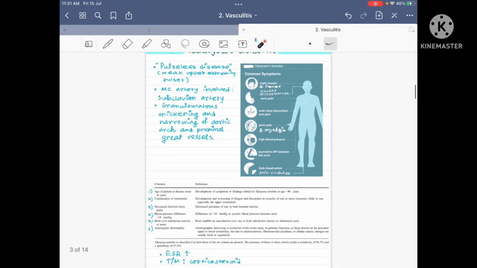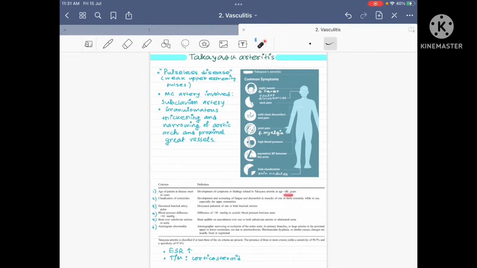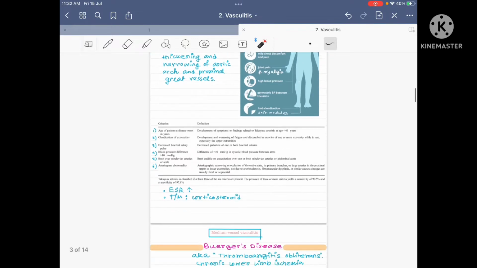So the catch points are age less than 40, asymmetric BP, limb claudication, decreased brachial artery pressure, bruit, and arteriogram. You have to remember this to make the diagnosis and answer the question.